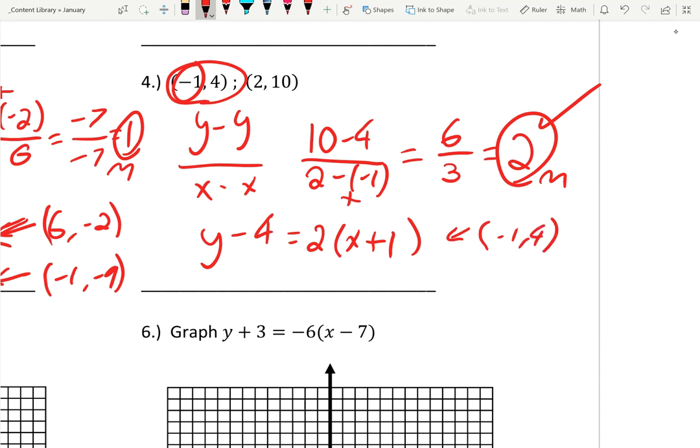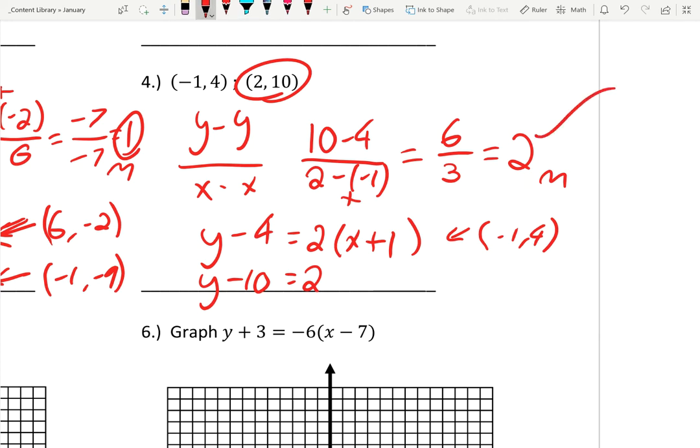The other answer you could have is if you use the other point. So 10 for the y and 2 for the x. So it would look like y minus 10, because that's, again, 10 for the y, equals 2. Remember, that 2 is the same as the slope over here that we calculated a second ago. And then x minus 2. Okay, so this is the y and the x value from the point up here.